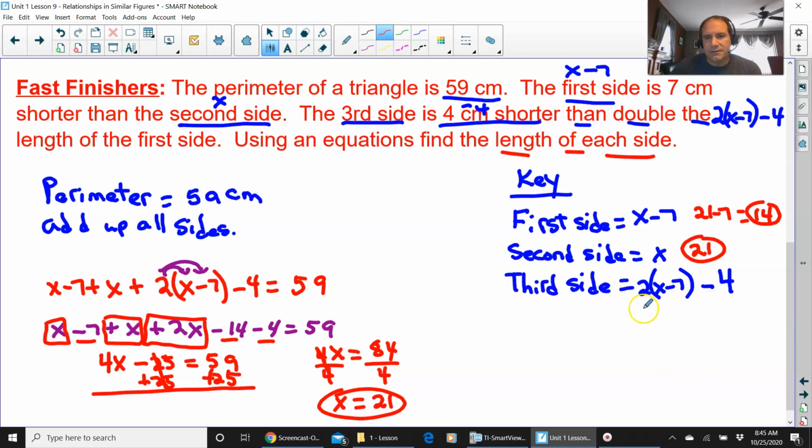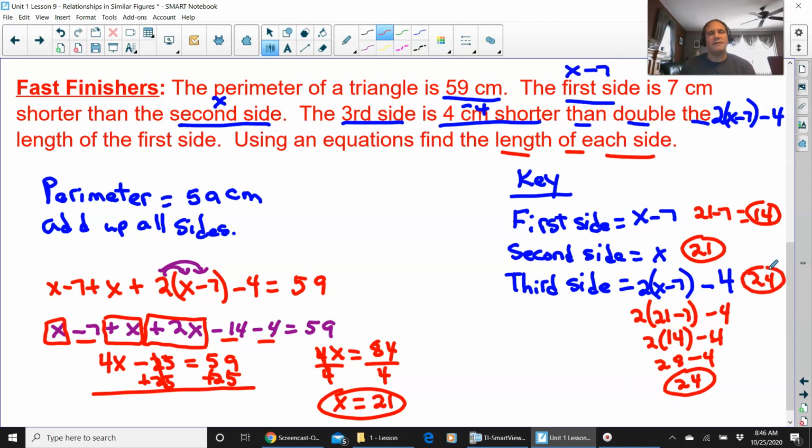And the third side is 2 times 21 minus 7, minus 4. So 2 times 14 minus 4. And that is 28 minus 4, which is 24. Third side is 24.